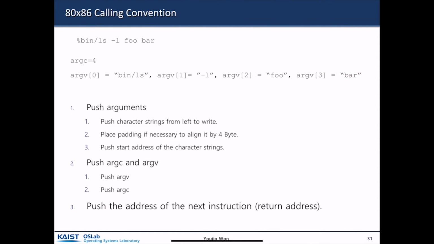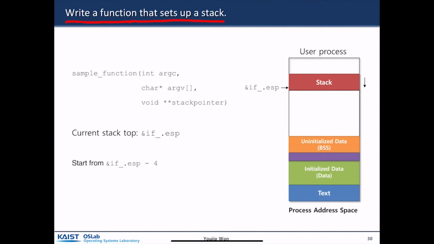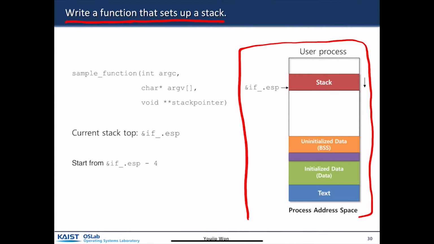This is the address space, especially the user one. There is a text and data region, and there's BSS, and then let's assume that the ESP field of the interrupt frame contains the address of the stack top.